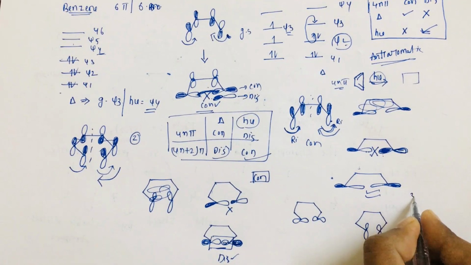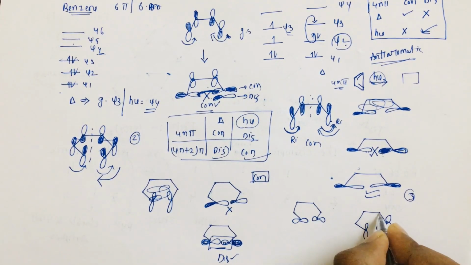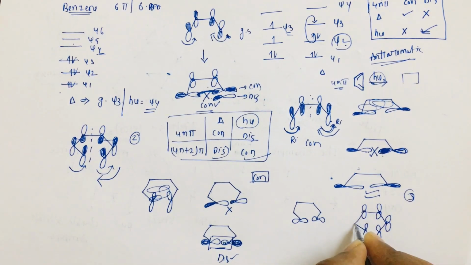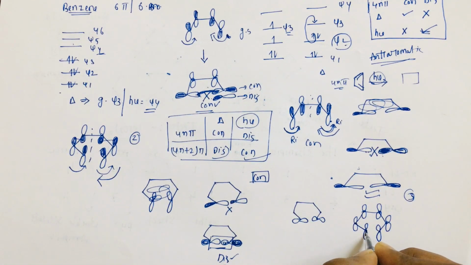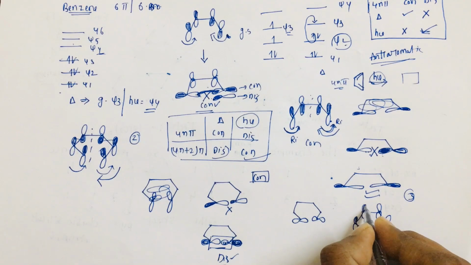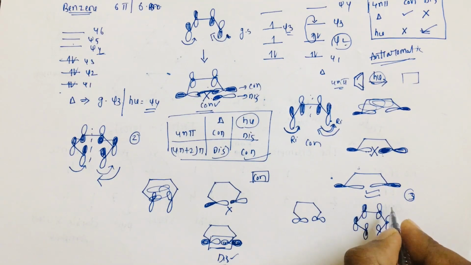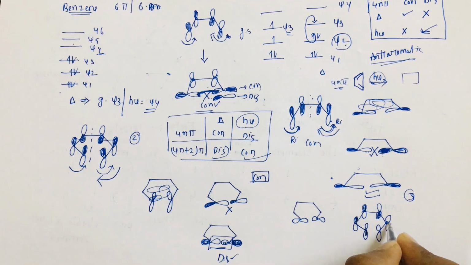Psi 4 means there should be 3 nodal planes, and then it comes like this: here we'll take down, then up, down, then up.